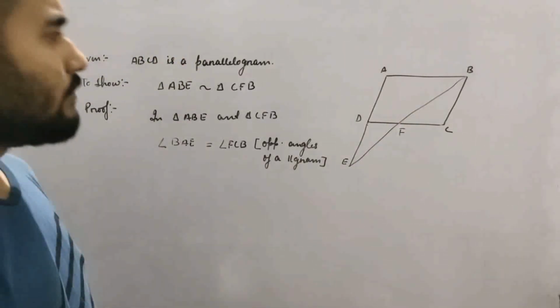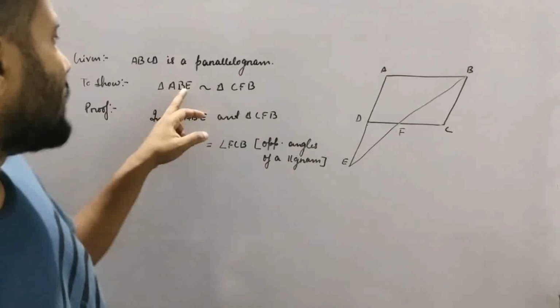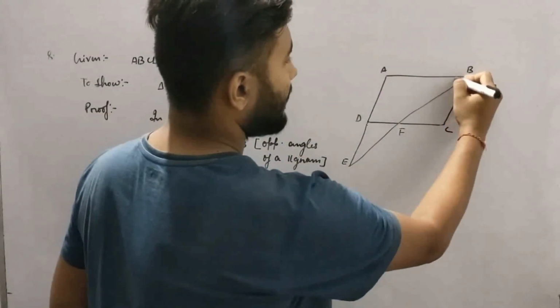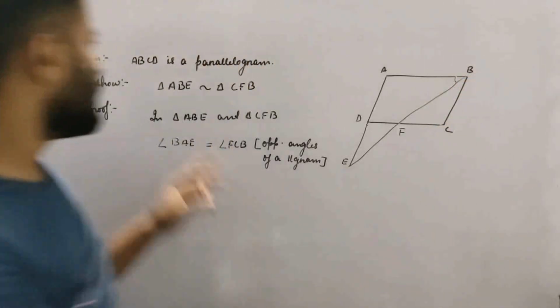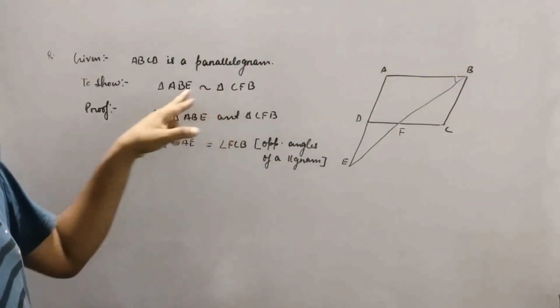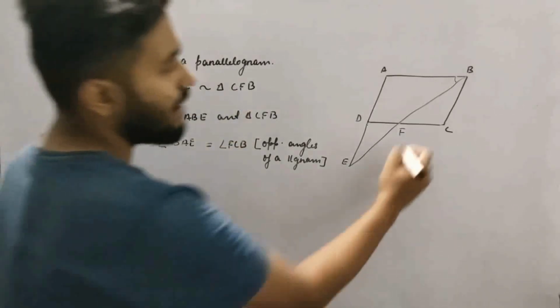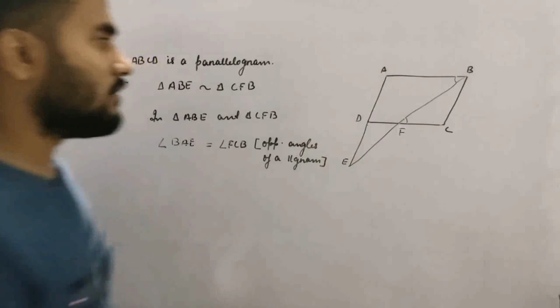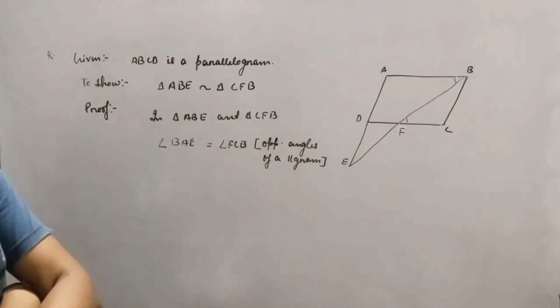So any one, we can say any one. See this one, angle B and angle F. This is angle B, right? Over here, angle ABE in this triangle. And B should be equal to F. F will be this angle. One in this triangle, one in this triangle. So why are these two angles equal?